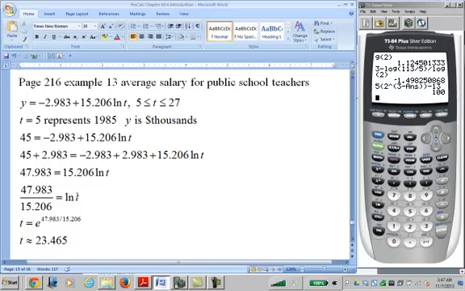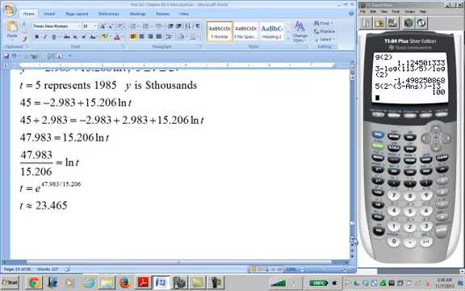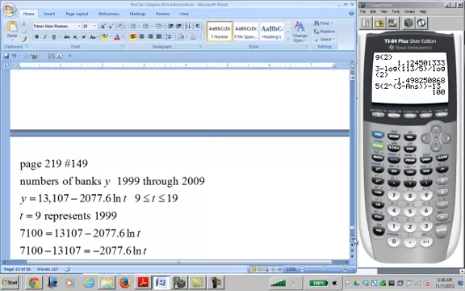Now we're in log form, so we're log base e of t equals this exponent. So we're going to write t equals base e raised to the power of 47.983 divided by 15.206. You can do this in one step. This is not hard to do in the calculator, and you get 23.465. Don't forget to check.